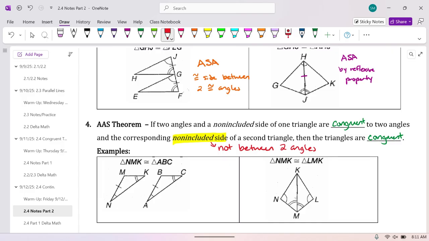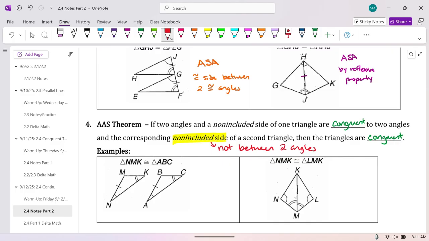All right. Now, you may be asking, but what if I go this way? It's angle, side, angle. It's not, because we have a side right here, and this side is not between the two angles. If it was here, it would be angle, side, angle. All right. So be very careful with the order.